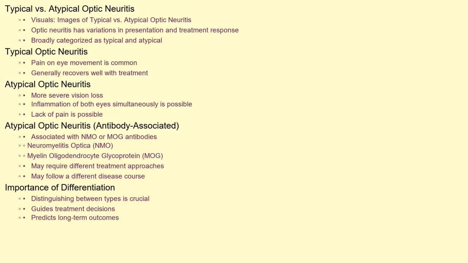Atypical optic neuritis, however, might involve more severe vision loss, inflammation of both eyes simultaneously, or a lack of pain. Also, atypical forms can be associated with antibodies like NMO, neuromyelitis optica, or MOG, myelin oligodendrocyte glycoprotein. These forms may require different treatment approaches and follow a different course. Distinguishing between these types is crucial for guiding treatment decisions and predicting long-term outcomes.